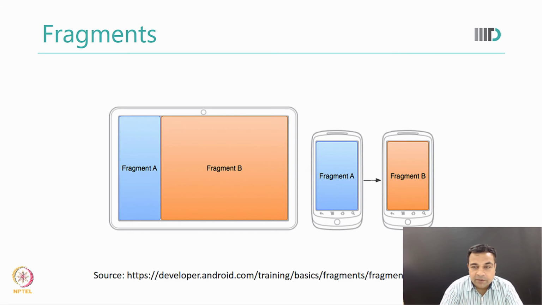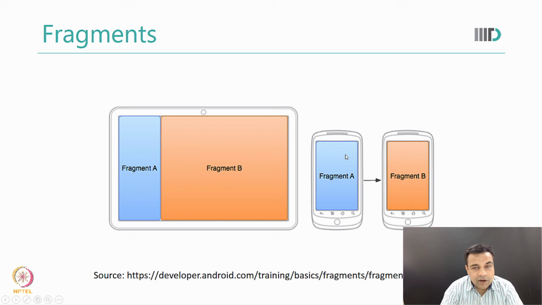Now let's look again at the same example. Here you can see that our activity that we are developing will have a view group for the phone, and this will only display the list, while for the tablet the layout of the activity would be such that it is possible to insert two fragments.